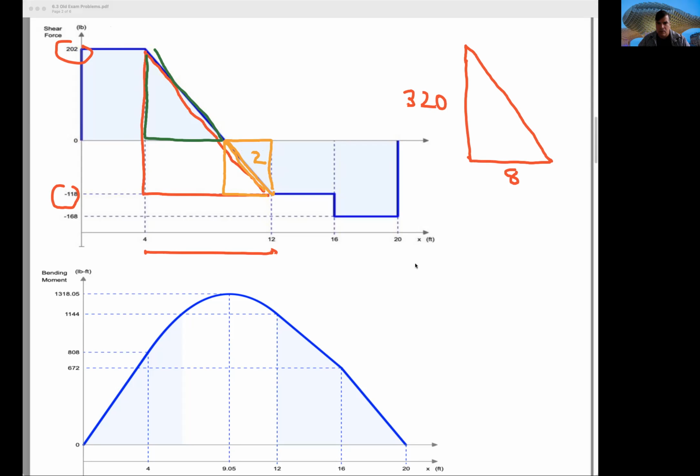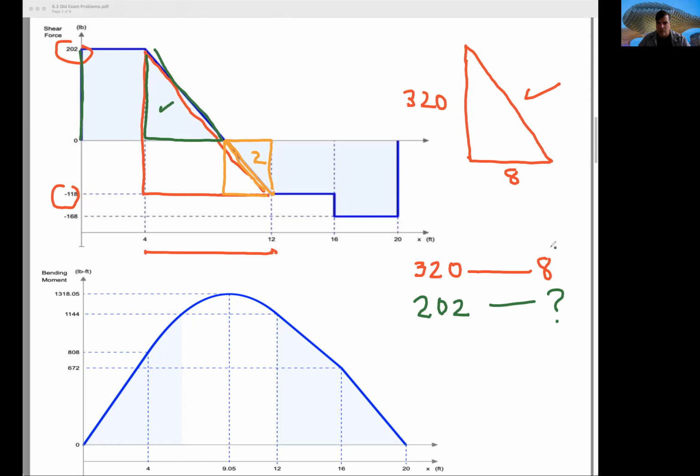Well, if I have a particular height of 320 in the red one for a base of 8, for the small medium one, the green one, I have a height of 202, and I want to know how much is the base, that is the number that I put.